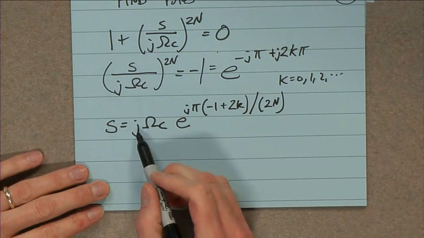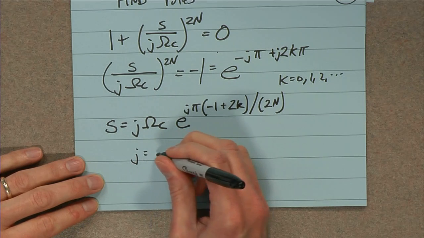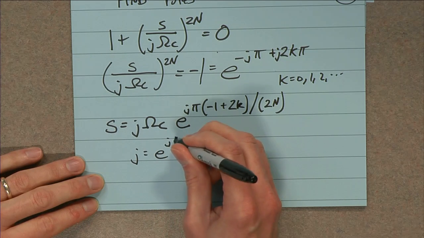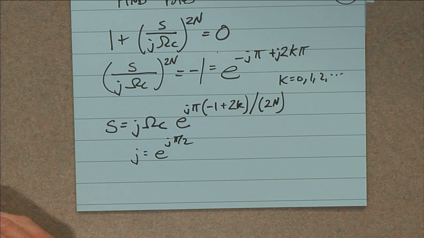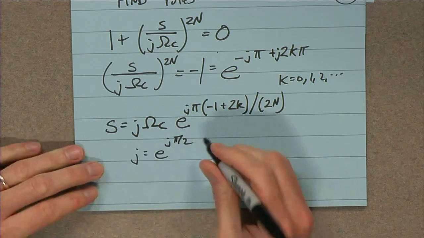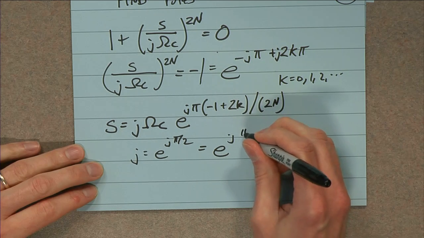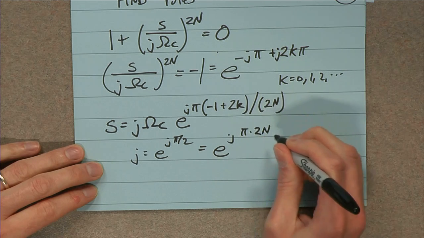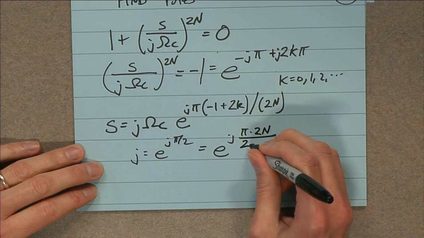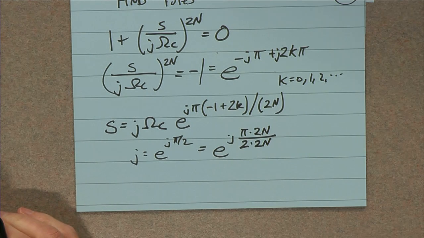The last thing is, what's j? Well, we know j can be e to the j pi over 2. It's one way to write it. But when I do that, that's going to make this even uglier, and I'll probably make a mistake. So I'm going to write it as e to the j pi times 2n all over 2 times 2n. Make my life a little bit easier.